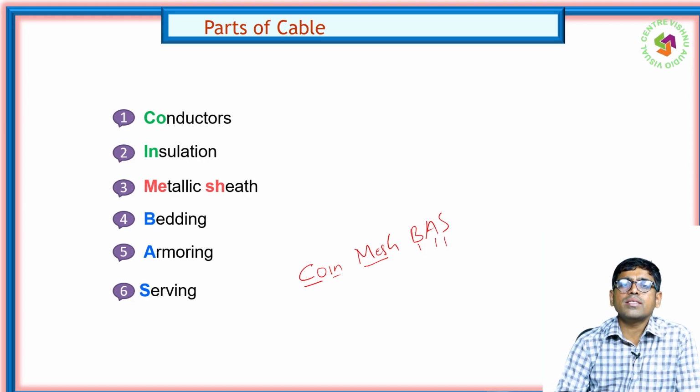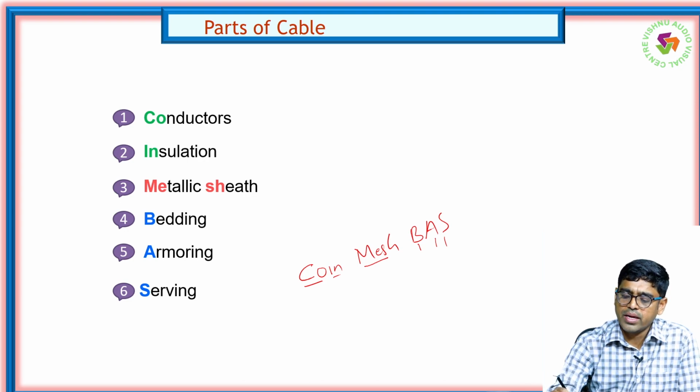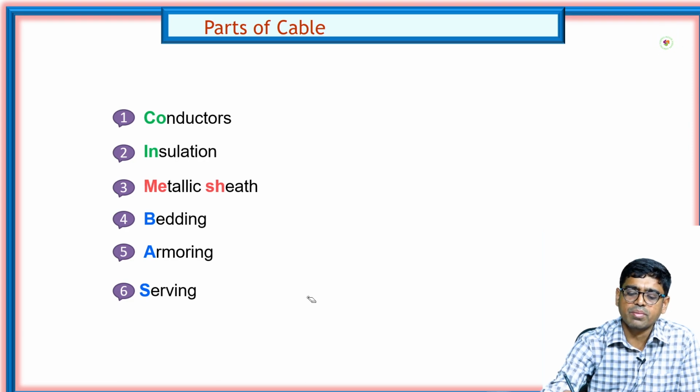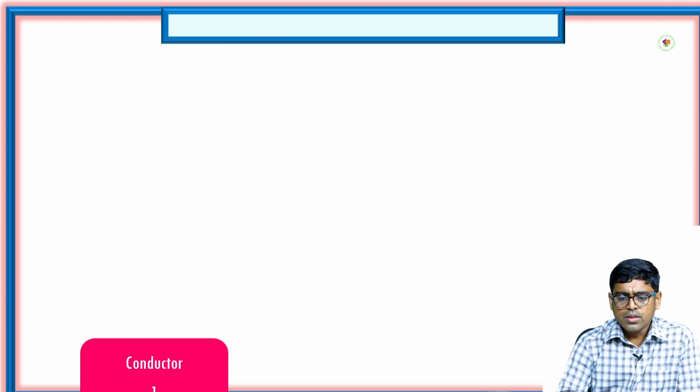In the objective exam, he may ask what is the layer after bedding, or before the serving. Like that he can ask in the exam, so you can remember all these layers: after the conductor what will be there, and after the metallic sheath what will be there. Like that we need to remember as coin mesh bars.